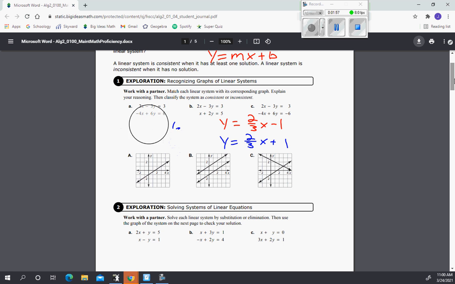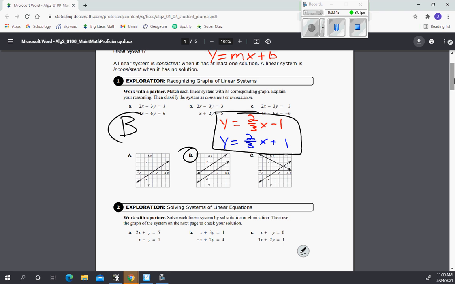Okay, now, when I look at my two lines in slope-intercept form, I have the same slope, right, 2/3, but they're at different y-intercepts. So that's the first equations. The answer is B.